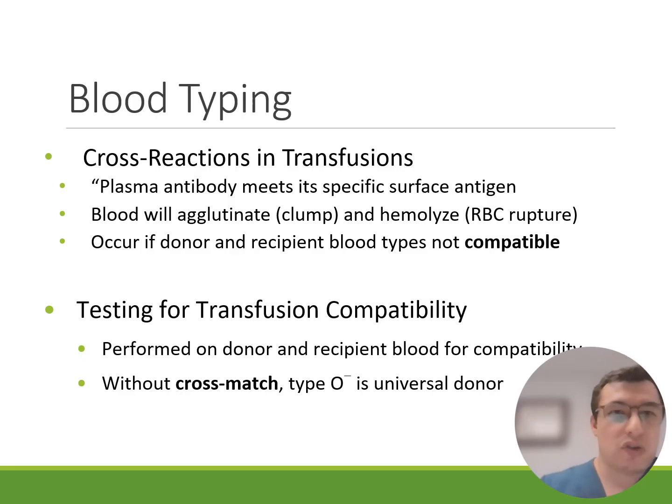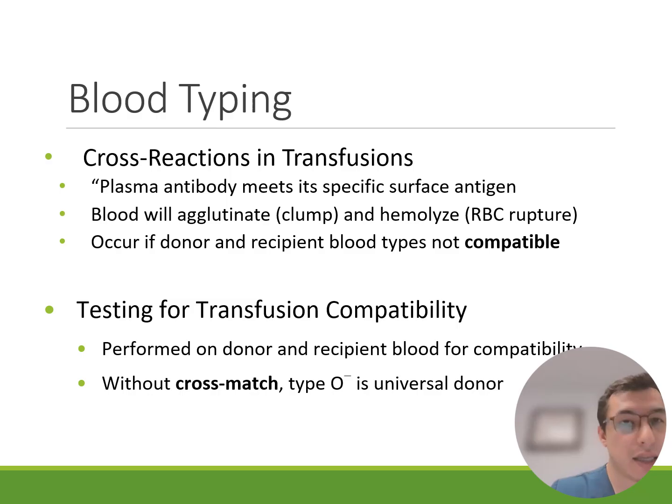So as we move forward, keep in mind that there are different blood types, but the most reactive are A, B, and Rh. Although there are other surface antigens out there, we oftentimes focus on those three only: the presence or the absence of the A, B, or Rh surface antigen.